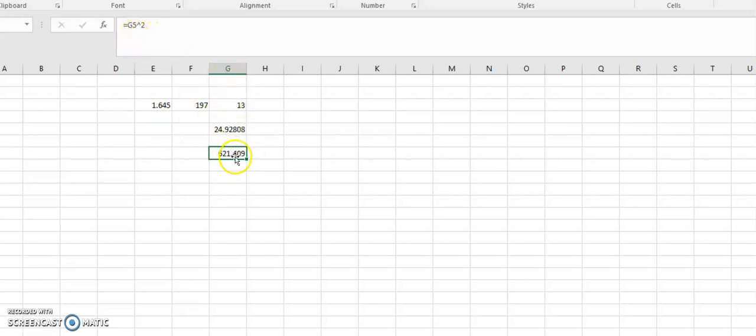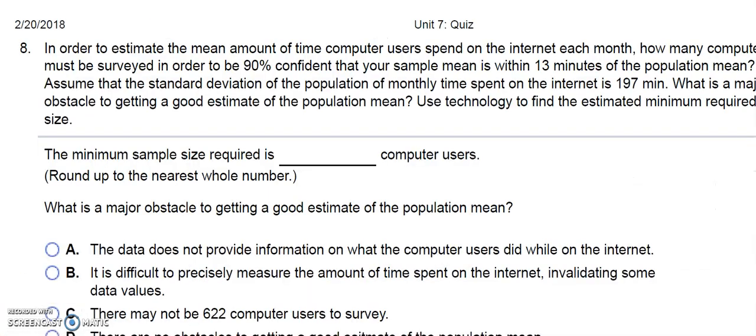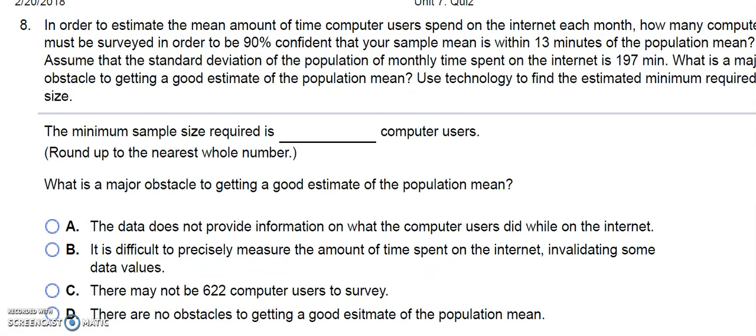When that's squared, it's 621.4. Back to the problem, 621.4. So the minimum sample size needs to be a whole number, so we round up. So it needs to be 622.